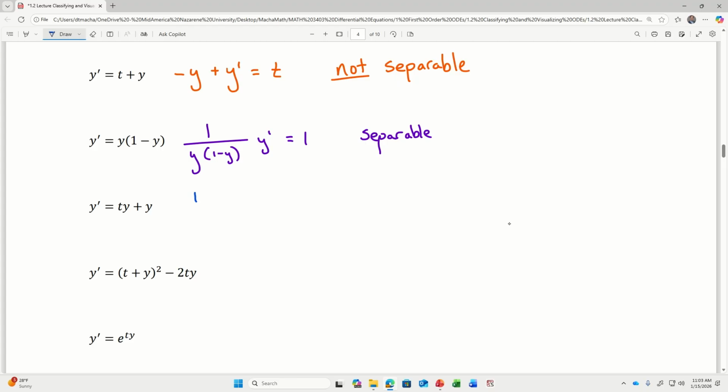What if I divide both sides by y? That is a function of only y times y prime equal to a function of only t. So that is separable.